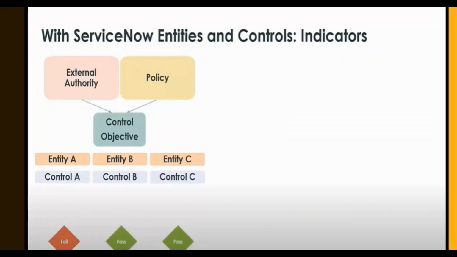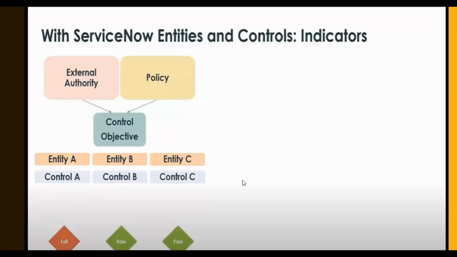With the ServiceNow entities and controls, how are the indicators mapped? We have an external authority, then policy. As you know, policy is the rules and regulations defined by the organization, and a policy contains control objectives. What is a control objective? A control objective is just a breakdown of the policy, and each control objective has different entities like entity A, B and C, and each entity contains one or multiple controls.